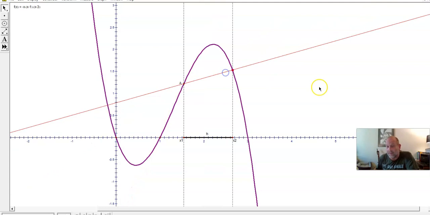But in the meantime, there's some other things that are kind of nice. For instance, this line right here between these 2 points, between this point on the function and this point on the function, the slope of this line is actually the average slope for everything in between it, right?